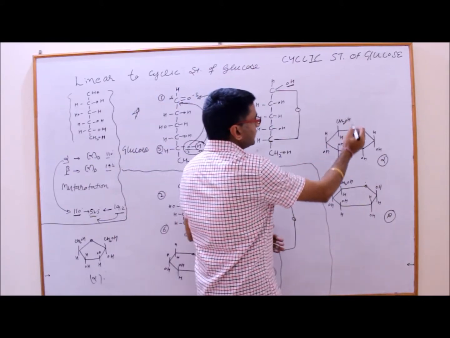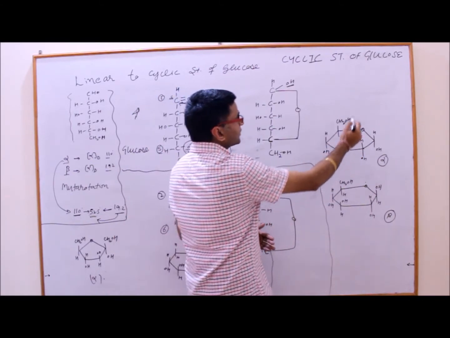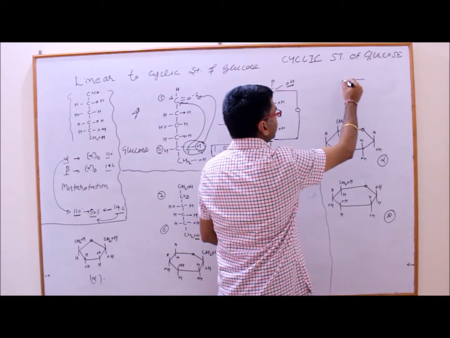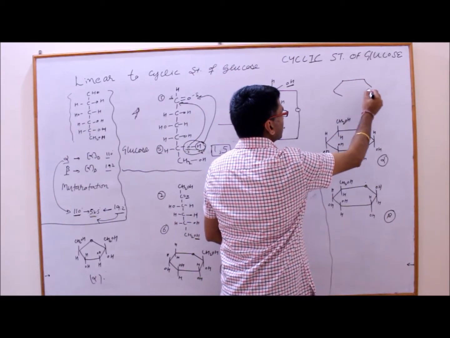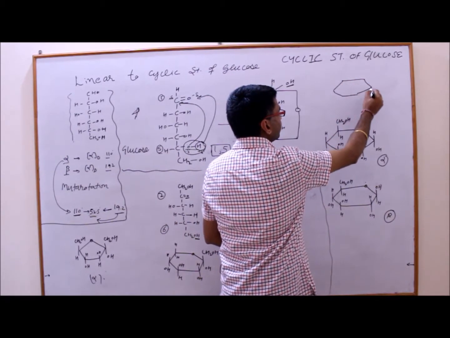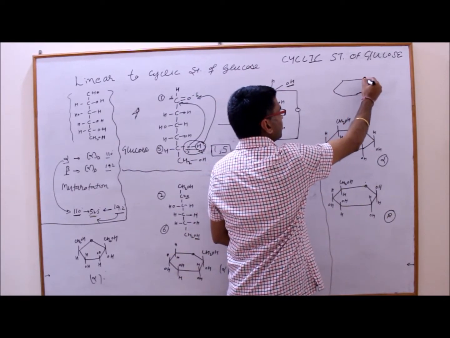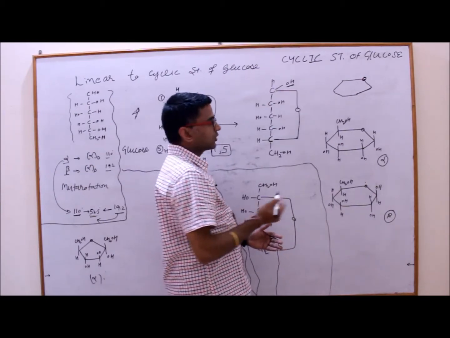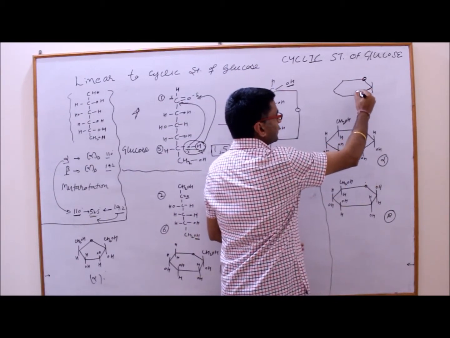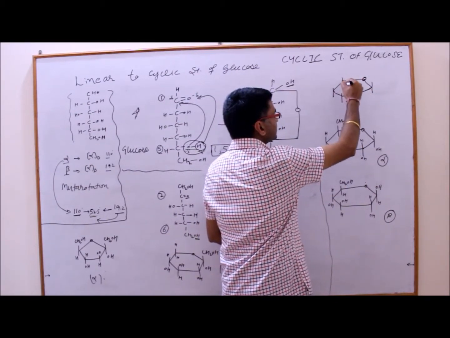So in general, how to draw this structure? You can first simply draw a pyranose form like this, and put one oxygen on the top right, and at all the positions draw vertical lines.